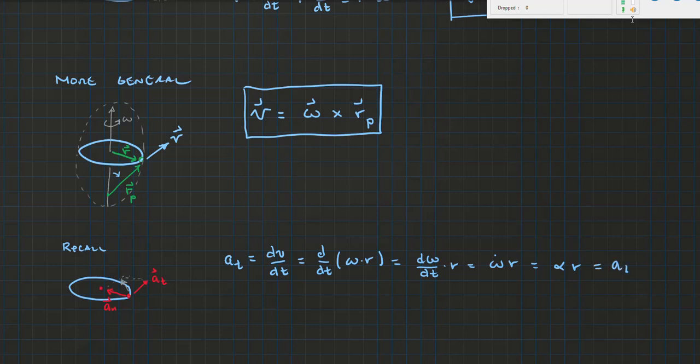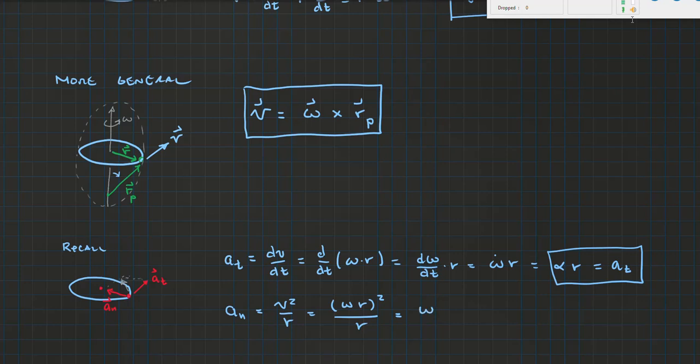This is our acceleration in the tangential direction. Okay? And if you recall, the acceleration in the normal direction we said was v squared over r, which is going to equal omega r squared, since that's the velocity defined above, over r, which is omega squared r. That's our normal acceleration. Another way of looking at it in terms of scalars.